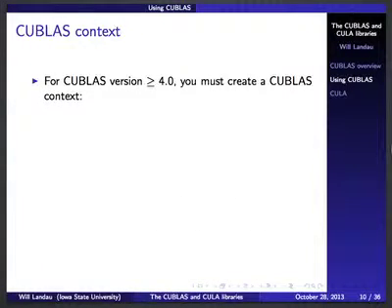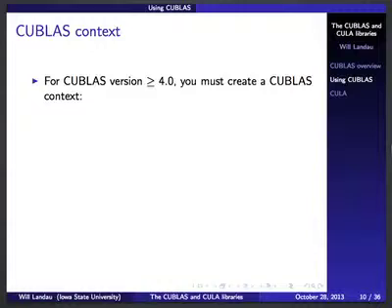There's also something you need to worry about called a CUBLAS context when you're using CUBLAS. I don't know what version it's on right now, but when we got CUBLAS for our systems, it was in the middle of transitioning to or out of version 4.0.